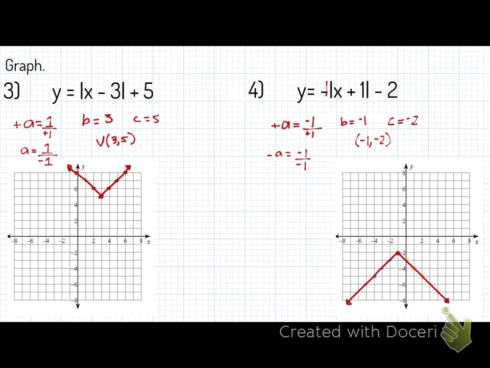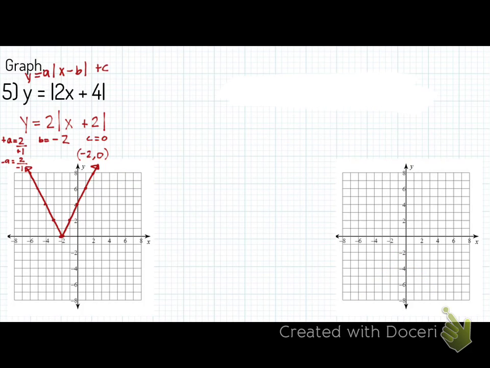Actually, look at number 3. You see number 3 up here? Narrower. Okay. Now look at number 5. Is it more narrow or more wide? More narrow. Good. Okay. Next one, last one.